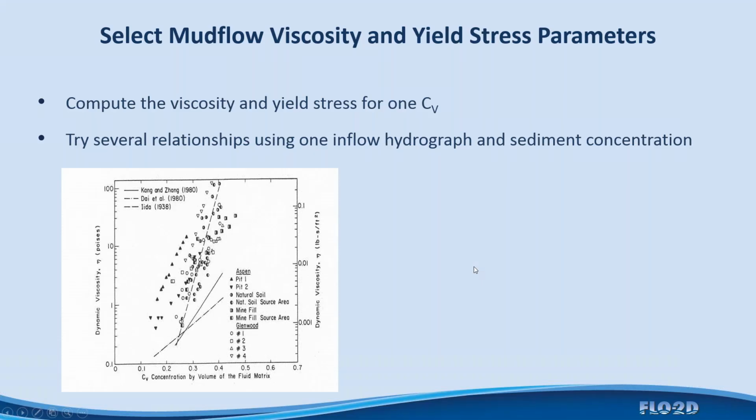Compute this for one concentration, do a number of these different samples, then try using these different relationships for one inflow hydrograph and one sediment concentration. So say you did different samples for say 35% or 45% or something. So you would have different viscosities that might fall in this range right here.